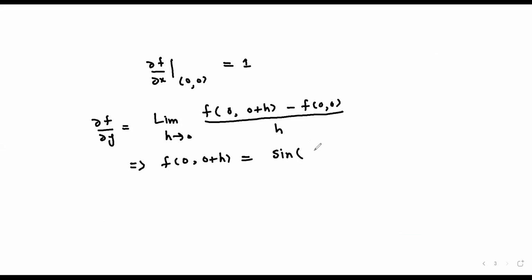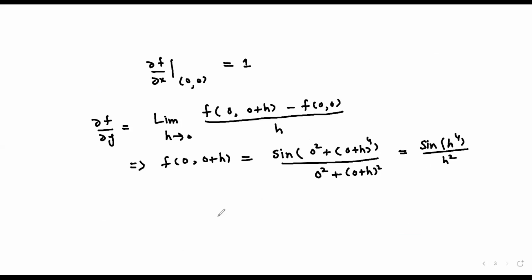So we have x cubed plus 0 plus h raised to power 4, divided by 0 squared plus (0 plus h) squared. Okay students, which is equal to sine of h raised to power 4 divided by h squared. Now we have f(0, 0), and you know that this is equal to 0. Previously we have solved this.